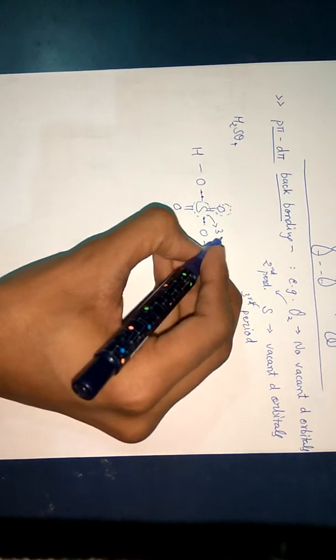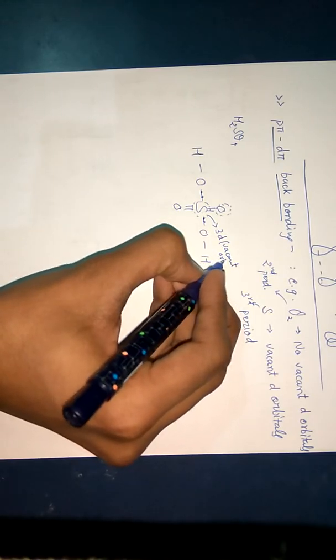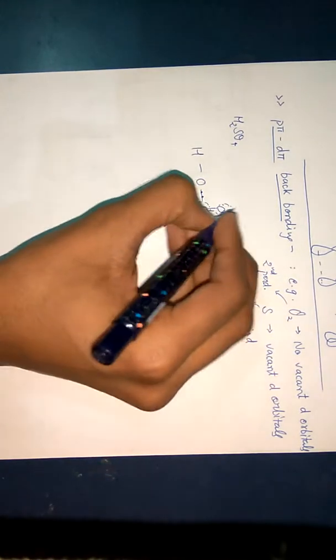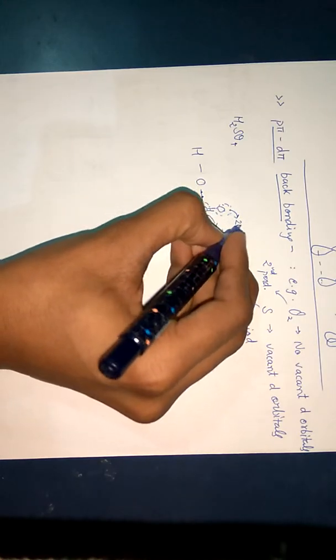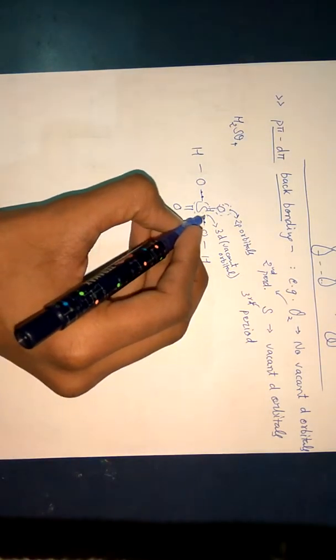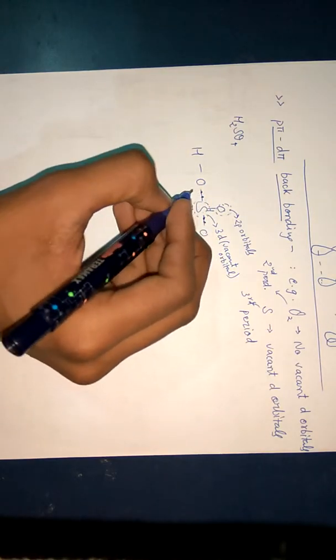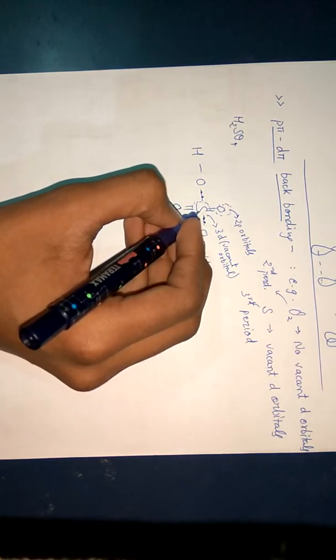This sulfur has 3d vacant orbitals, and this oxygen has 2p orbitals. And there are two electrons in these two bonds.